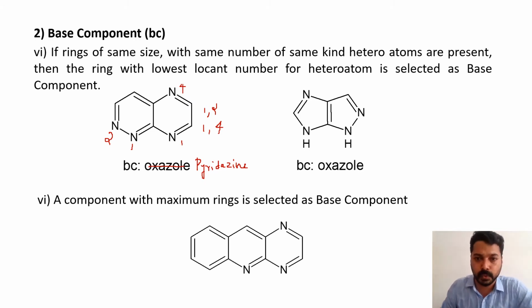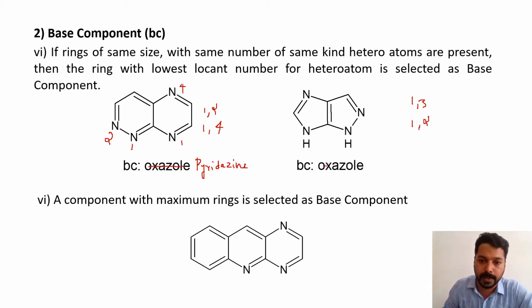If you take imidazole and pyrazole, again both have ring size 5, both contain two heteroatoms, and both are nitrogen. In imidazole the positions are 1,3, whereas in pyrazole they are 1,2.